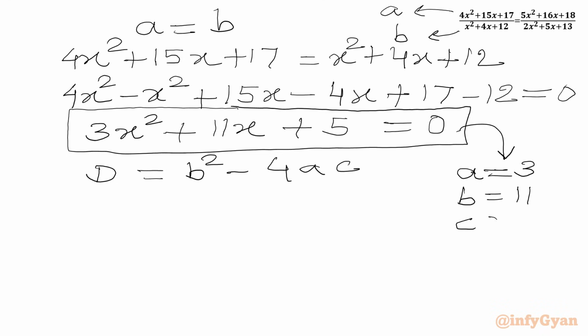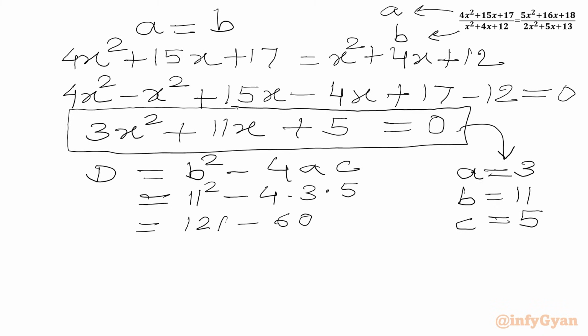And c is the constant, which is 5 here. So D = 11² − 4 times 3 times 5 = 121 − 60. So D is coming out 61, which is a positive number. Discriminant is positive. We are going to get real solutions.